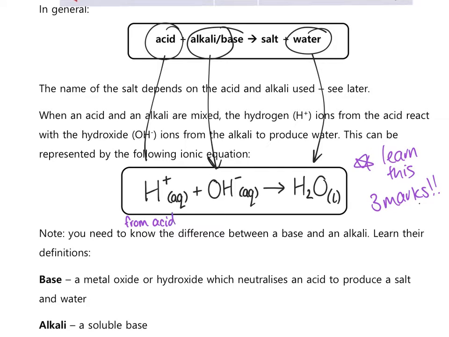H plus ions from your acid, and your OH minus ions from your alkali. And if we think to the general reaction of neutralization, it's acid plus alkali gives us salt plus water. And so the H plus ions from your acid are reacting with the hydroxide ions from your alkali and producing water. So make sure you learn that equation.